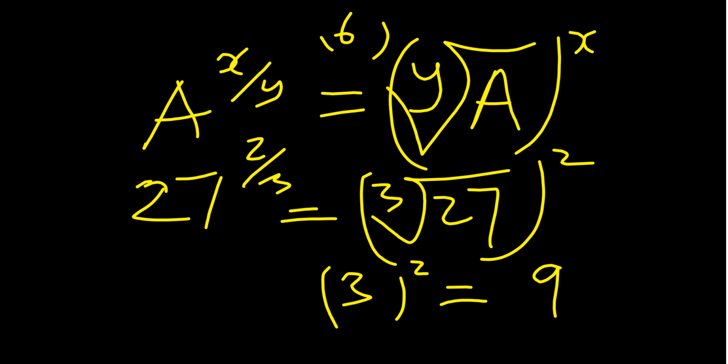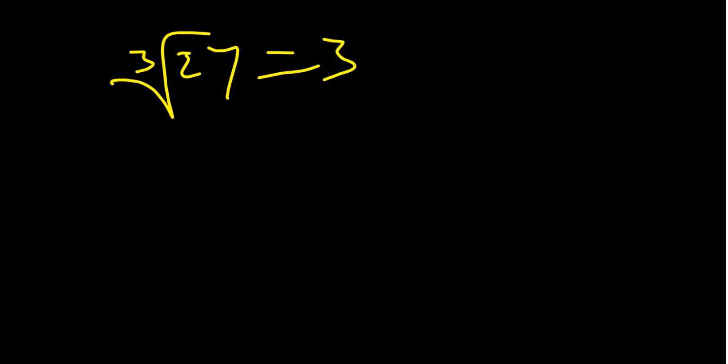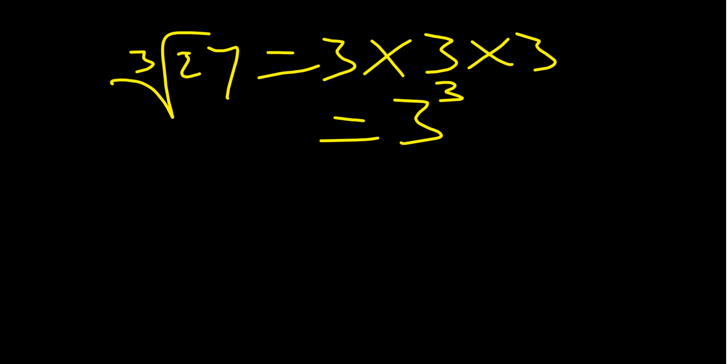You may want to understand why we said that the cube root of 27 is 3. The cube root of 27 means 3 times 3 times 3, which is equal to 3 raised to power 3, which is equal to 27.